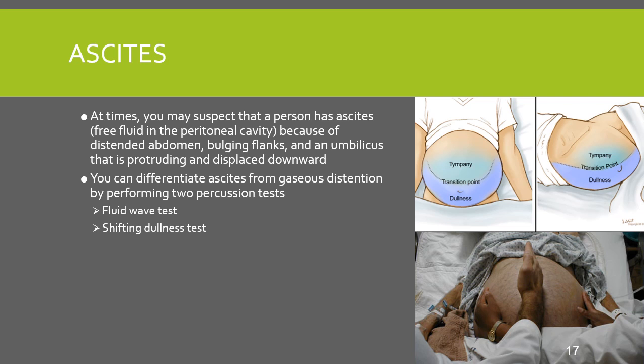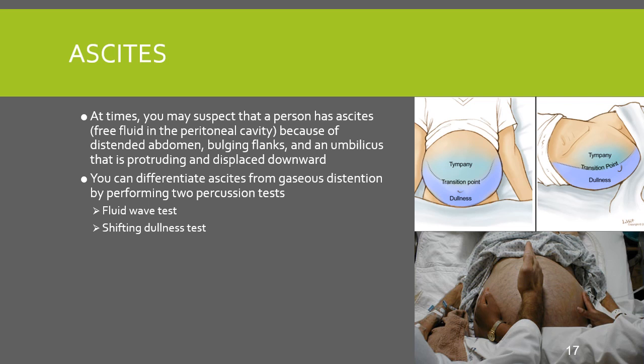And then you roll them onto their side and you percuss again top to bottom, and again you hear tympany where there's air, and then dullness where there's fluid. And this gives you an idea of how much fluid they have in their abdominal cavity.